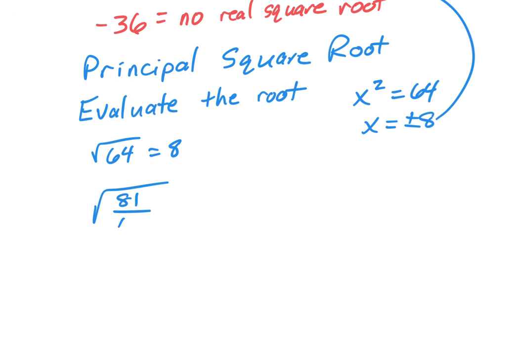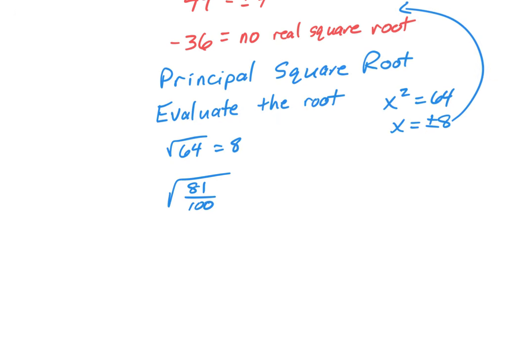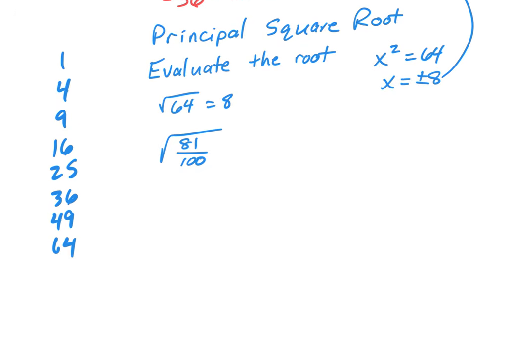If I gave you a fraction, like the square root of 81 over 100, there's a couple different ways that we could evaluate this. But when we look at roots, we should be able to recognize the first 10 perfect squares.